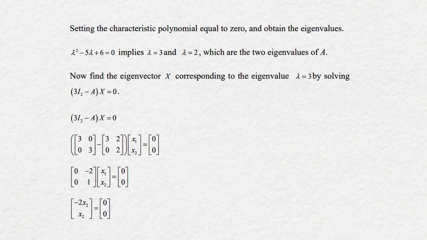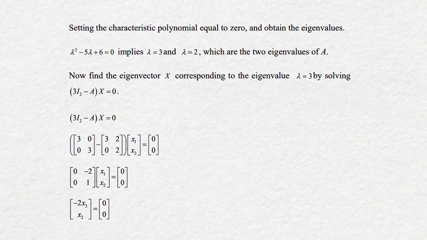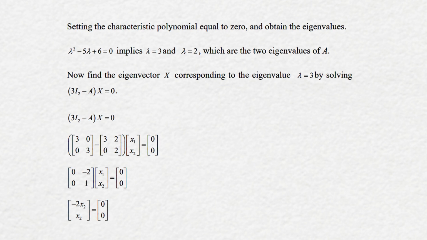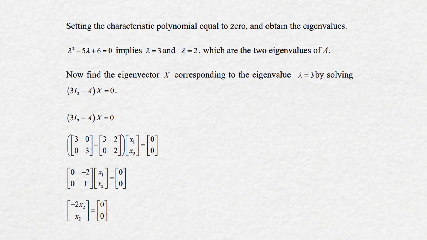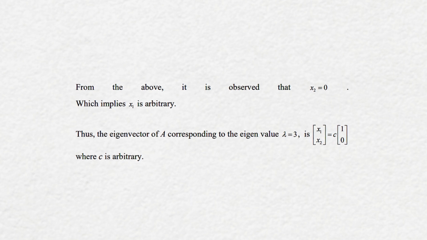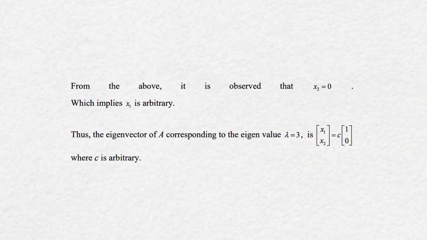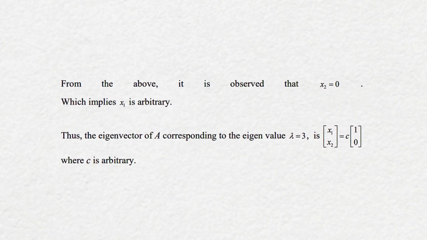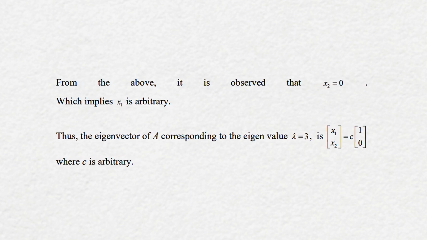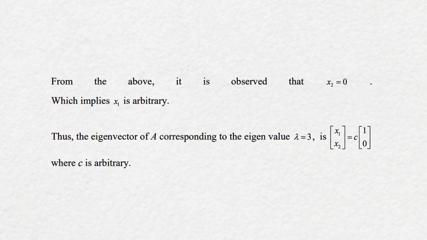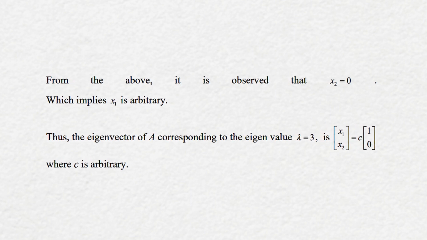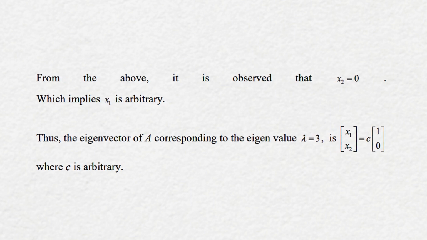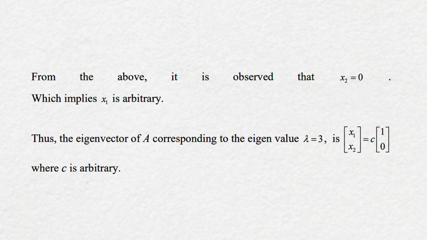By usual matrix subtraction, we get 0, minus 2, 0, 1 times x1, x2 equal to 0, 0. From the above, it is observed that x2 equal to 0, which implies x1 is arbitrary. Thus, the eigenvector of A corresponding to the eigenvalue lambda equal to 3 is x1, x2 equal to C times 1, 0, where C is arbitrary.